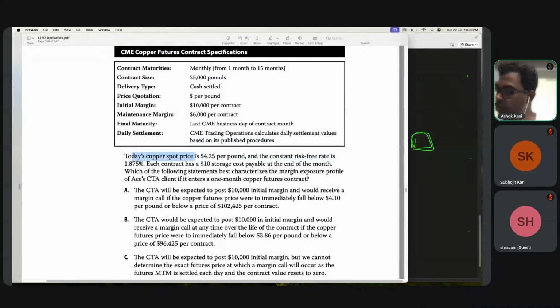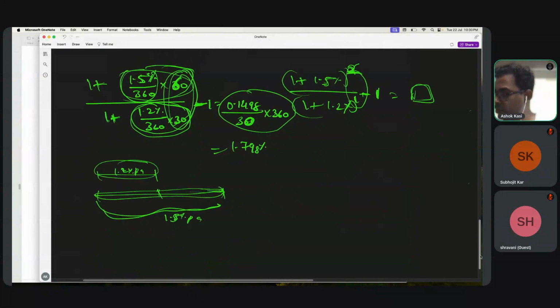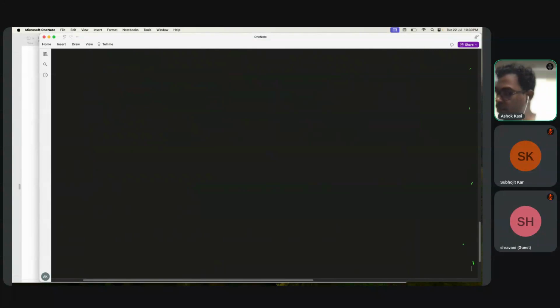Today's copper spot price is 4.25 per pound. We are entering into the contract for how many pounds? 25,000 pounds. So 4.25 into 25,000.